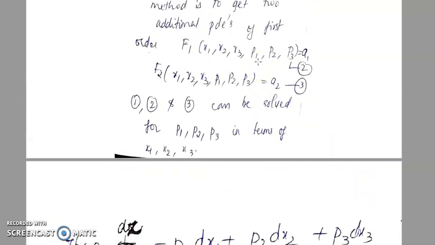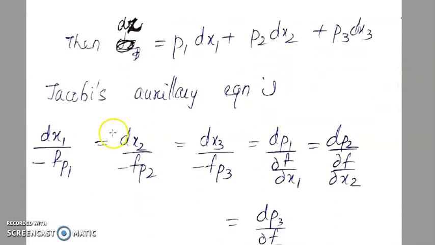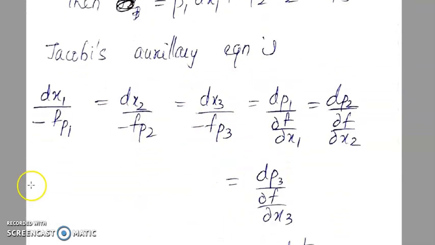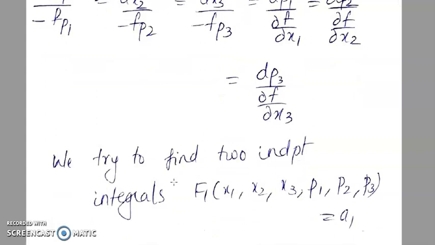For finding these two PDEs, that is for finding equations 2 and 3, we will use Jacobi's auxiliary equation. That is dx1/(−f_p1) = dx2/(−f_p2) = dx3/(−f_p3) = dp1/(∂f/∂x1) = dp2/(∂f/∂x2) = dp3/(∂f/∂x3). This is Jacobi's auxiliary equation. By solving this we must find two solutions.